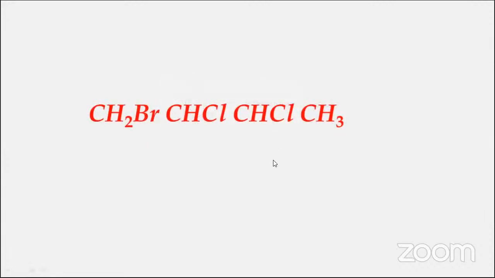Okay. Can anybody tell me what may be the name of this compound? Keep pen and paper near you, you should be doing rough work also. 1 bromo 2 chloro 3 chloro butane. 1 bromo 2,3 dichloro butane, sir.